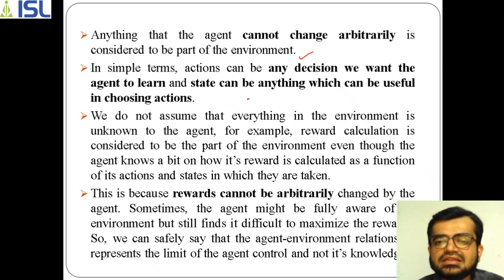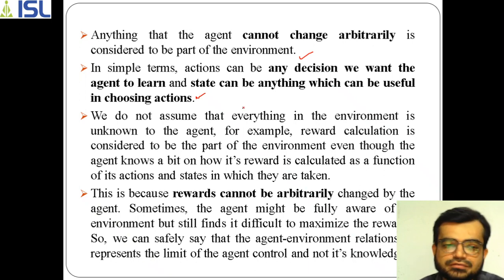The state can be anything which is useful in choosing actions. At a particular position or state, what type of actions can you perform? The state is responsible for making an agent choose a particular action: given a set of actions, you can select the one which is best suited for you.